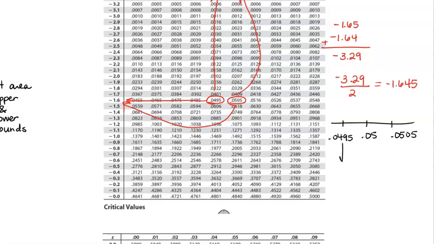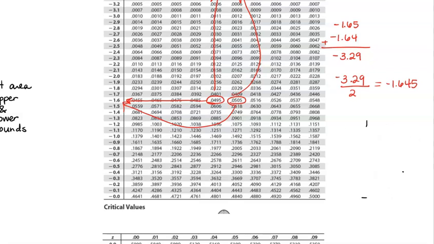So we found the z-score that corresponded to this one, which was negative 1.65. We found the z-score that corresponded to this one, which was negative 1.64. And then we averaged those two z-scores to get that the z-score that corresponded to this one was negative 1.645.